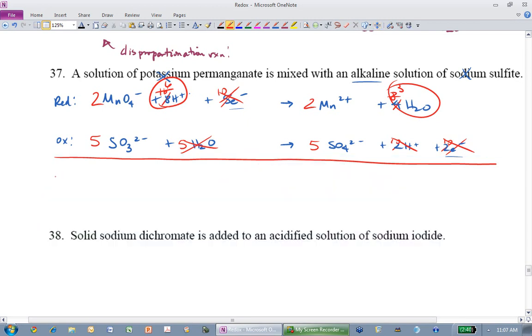So I need to get 2 MnO4 minus plus 5 SO3 2 minus plus 6 H pluses, 2 Mn2 plus, 5 SO4 2 minus plus 3 H2O.